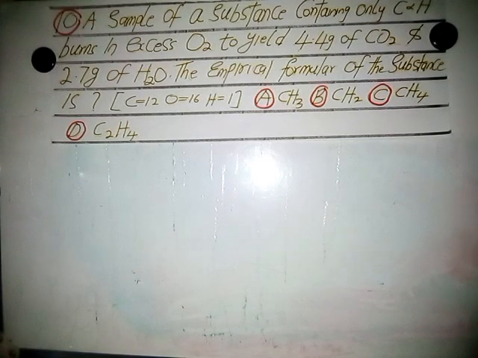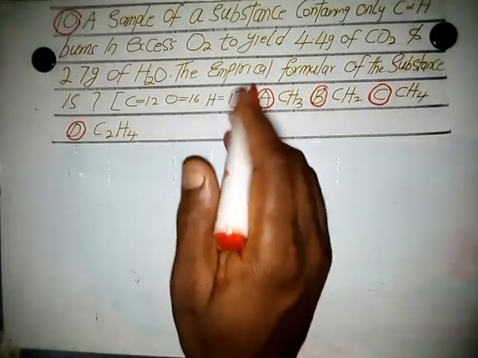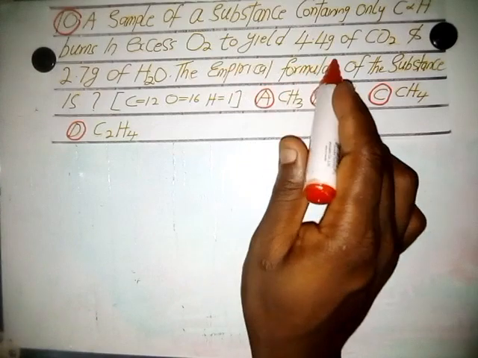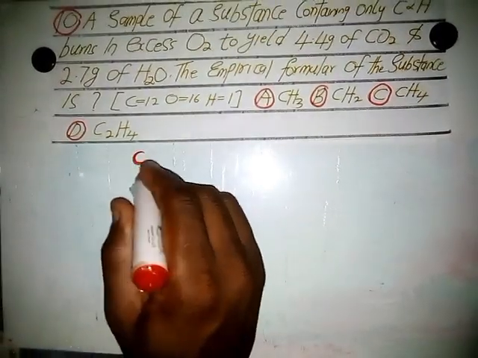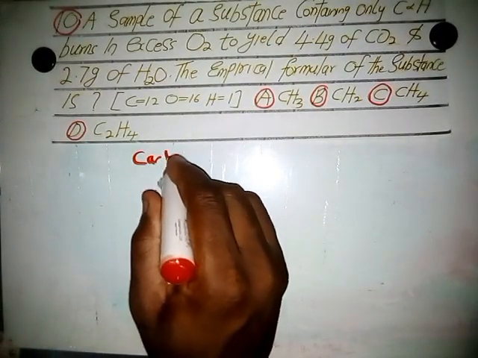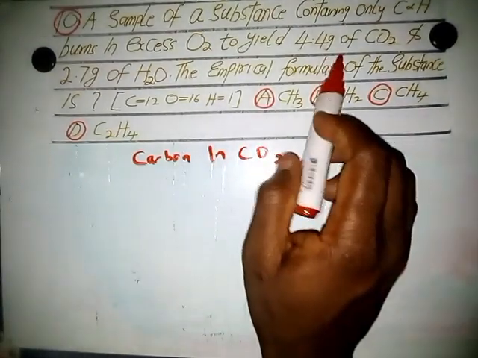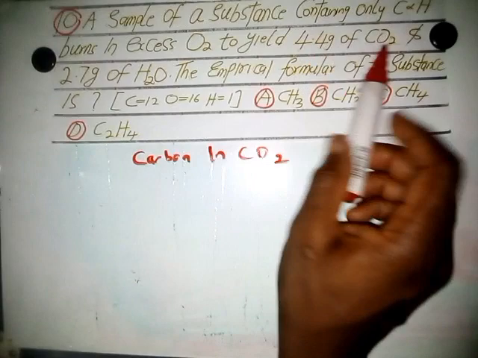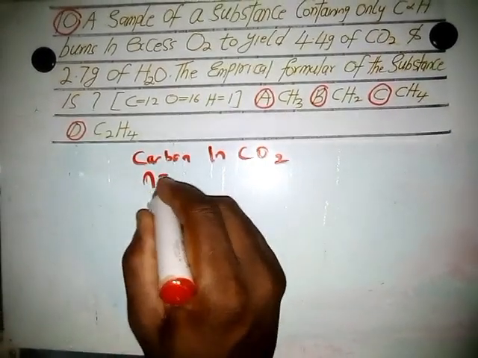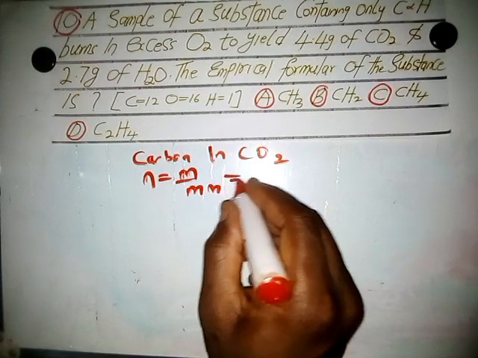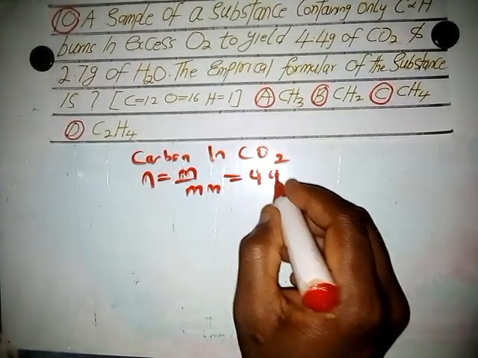So we'll start like this. Let's solve for carbon in CO2. This information we're given: 4.4 grams of CO2. I know that n, the amount in moles, is mass over molar mass. Mass is 4.4.